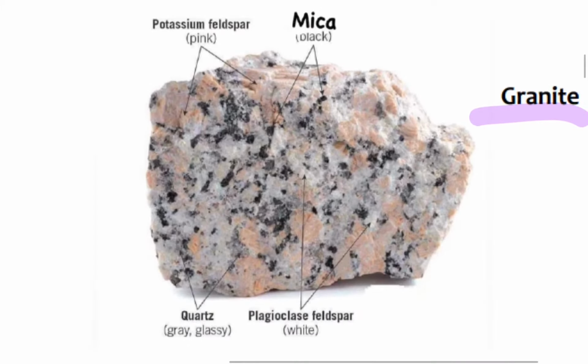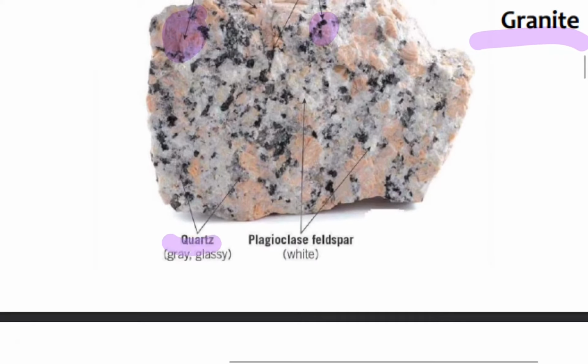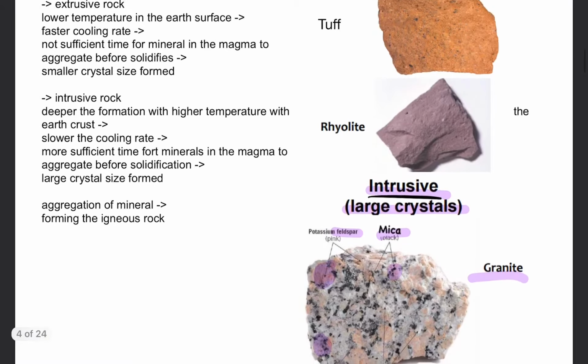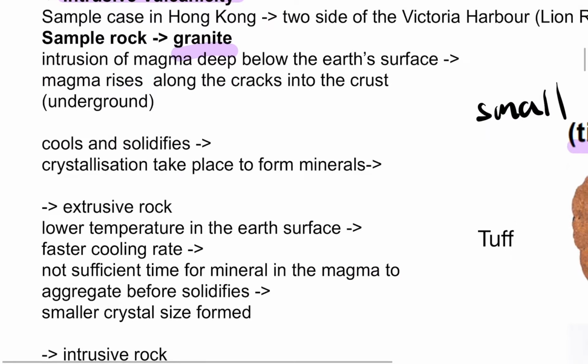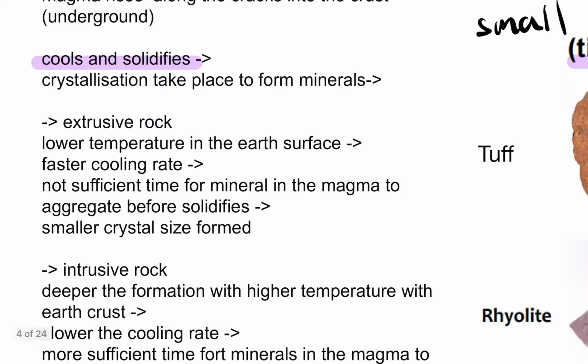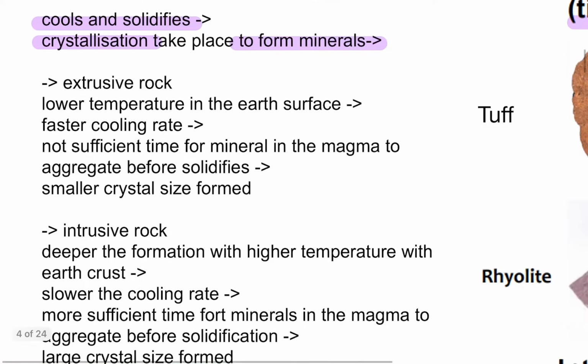You can see it. The black one is what? It's mica. The feldspar is the brown or pink one. When you see the cross, it's quartz. Second, this is the white one. Okay. Because the cooling and solidified rate is different, the crystallization takes part from the minerals.